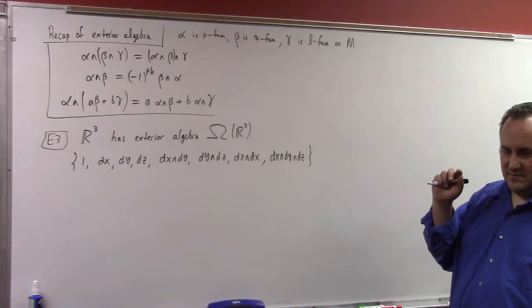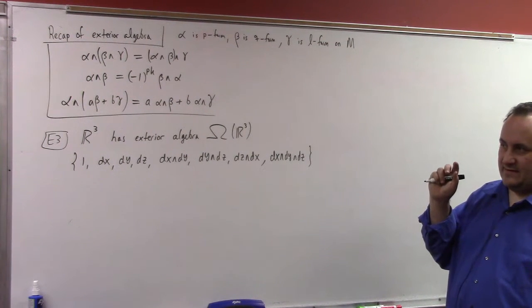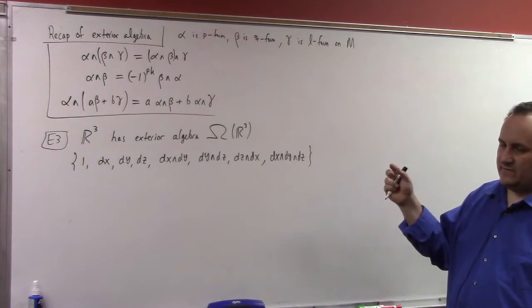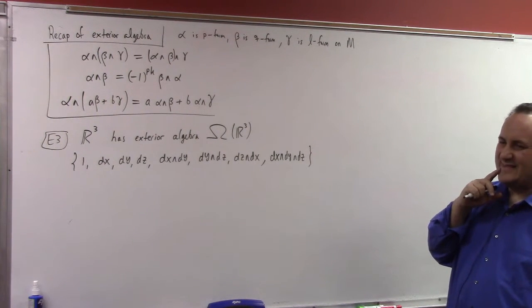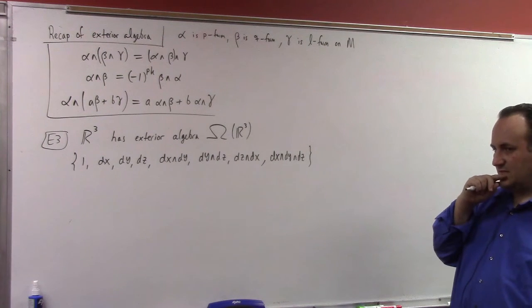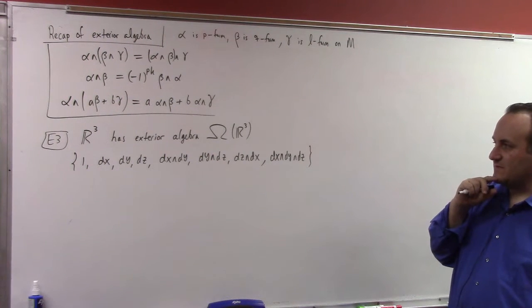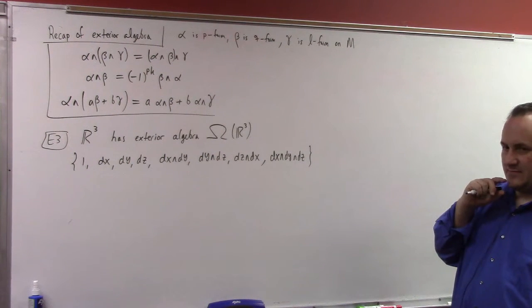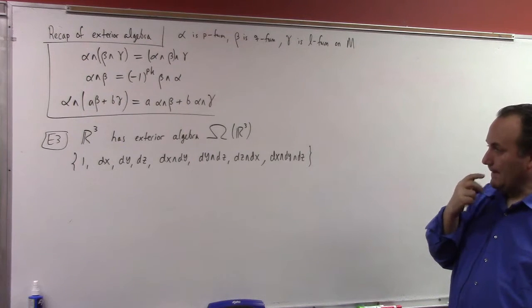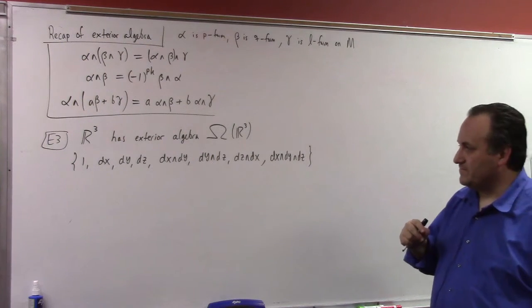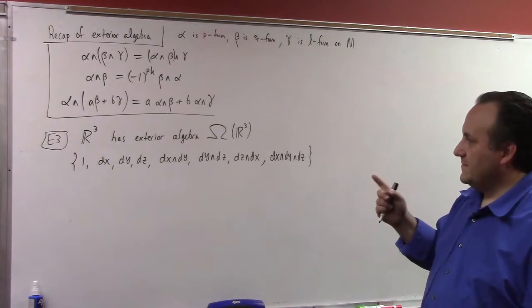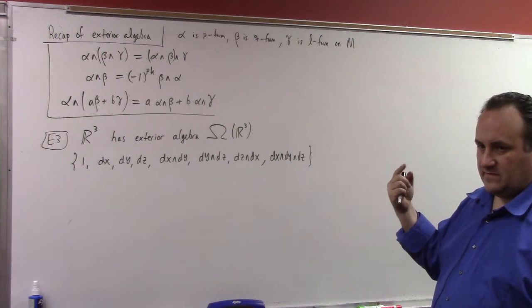true, in the sense that the set of differential forms in R3 is not a vector space of, well, maybe it's a vector space, but it's not a finite dimensional vector space. See, because the components are functions.